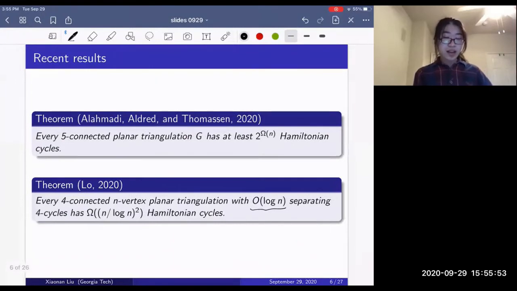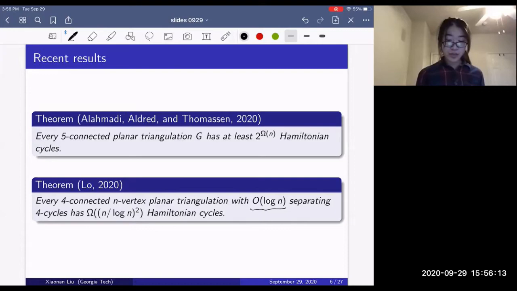Now for very recent results. Alahmadi, Aldred, and Thomassen showed that every 5-connected planar triangulation G has at least 2 to the omega of n Hamiltonian cycles.